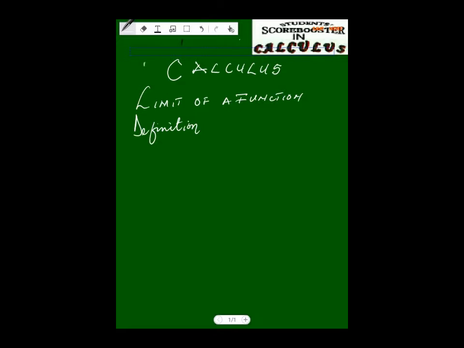First of all, what is a function? A function is defined as a relation, or we can call it an expression, involving one or more variables.